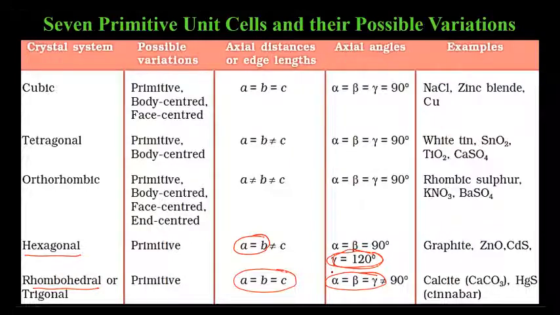Cubic and rhombohedral, I'll show you the difference. If you just push a cube on one side, say this is a cube, and you push this cube from this side, it will be something like this.